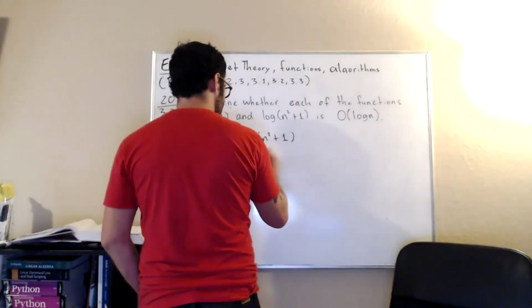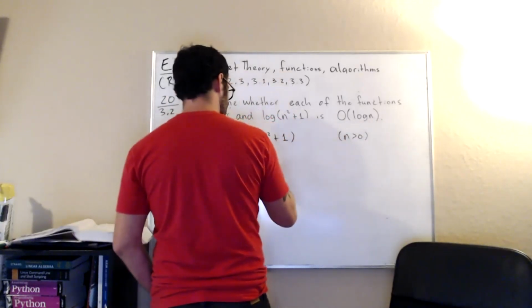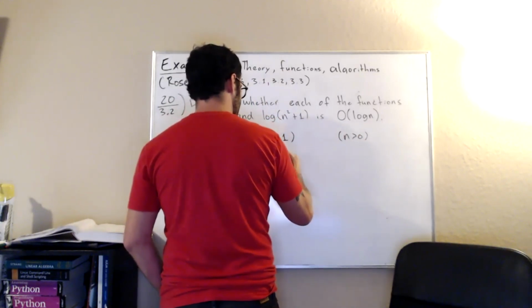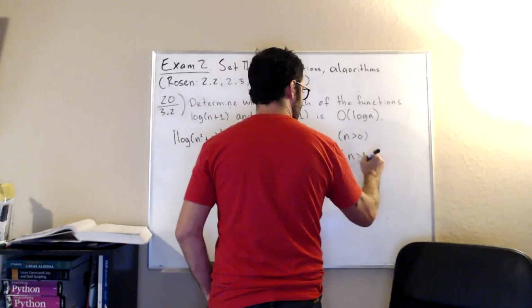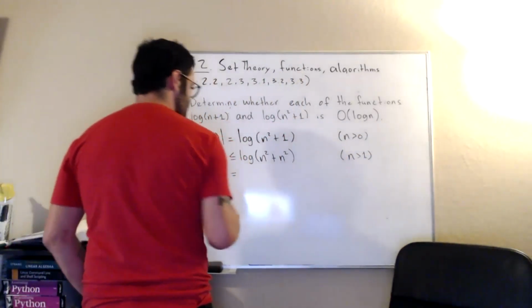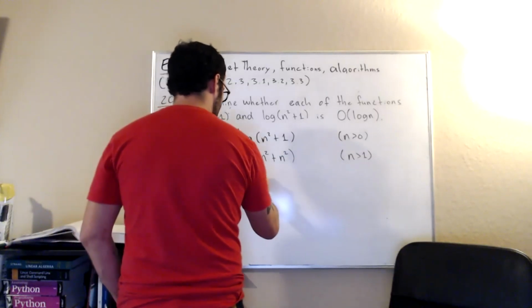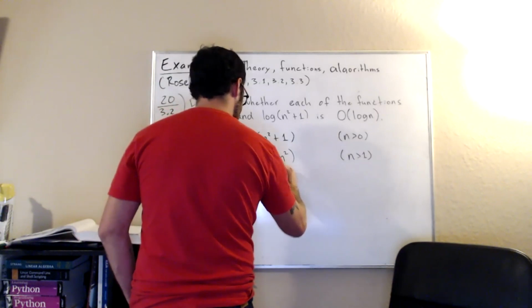We can write, so again, we have n squared plus n squared, then n is greater than 1. And then this is equal to log 2n squared.